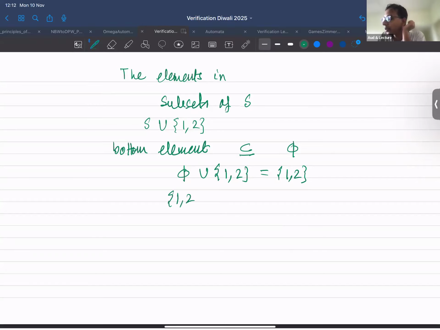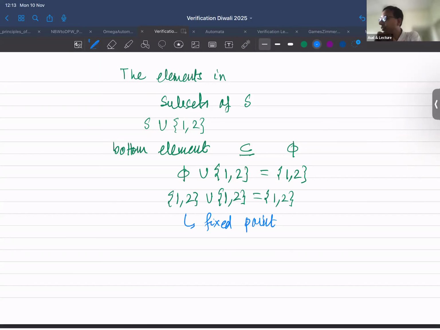Now {1, 2} union {1, 2} is still the same, still {1, 2}. Hence this is a fixed point, and in fact this is the least fixed point.